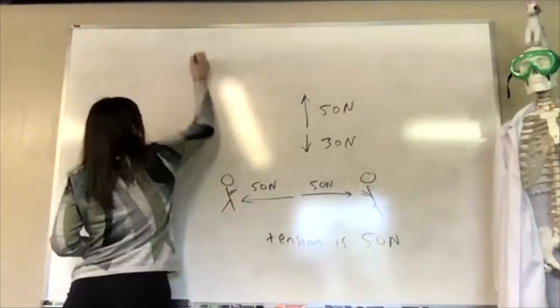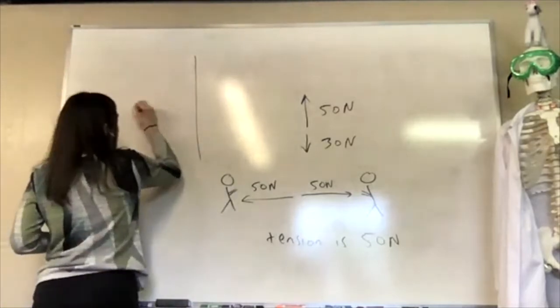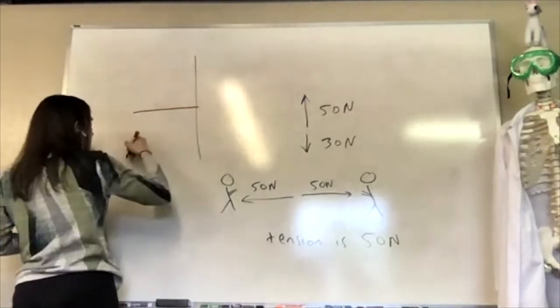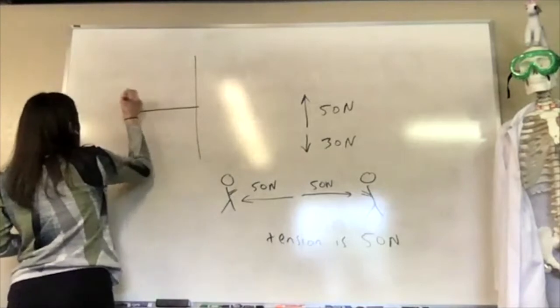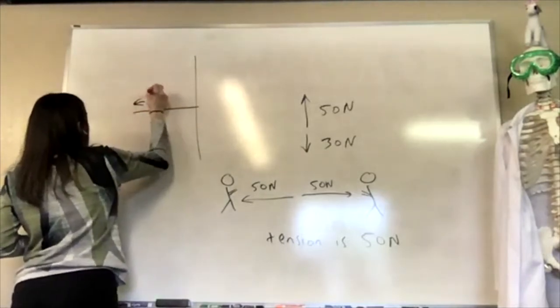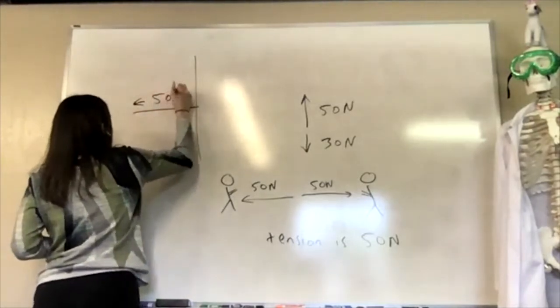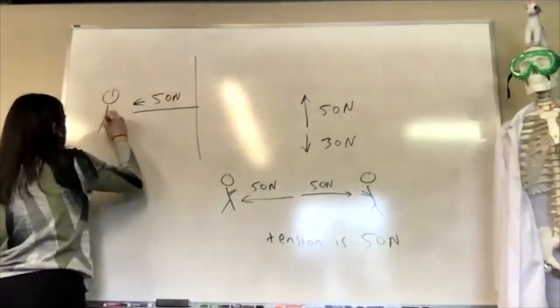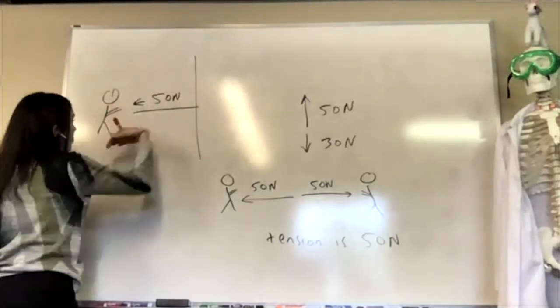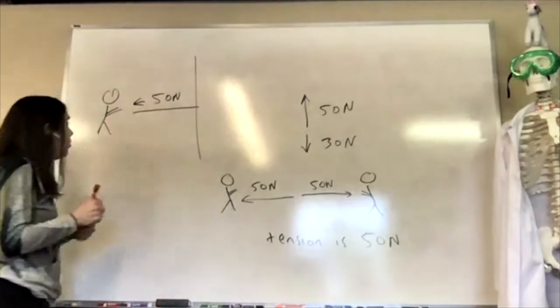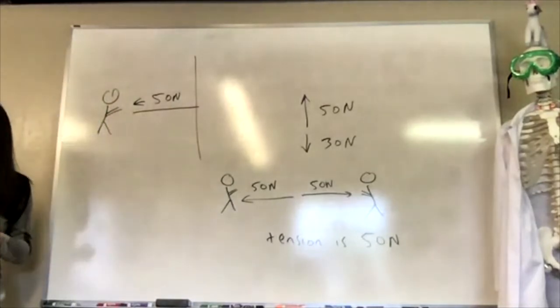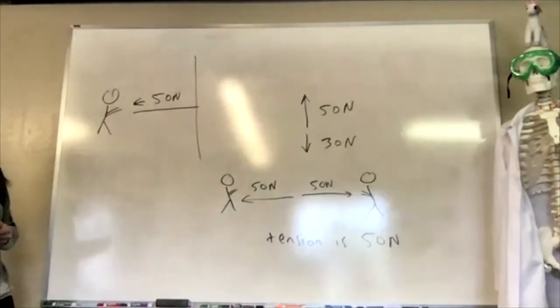So it's the same as if you were to just have a rope attached to a wall. So let's just say that you're pulling the rope backward with a force of 50 newtons. But there's no person on the other side pulling the rope. What is the tension in the rope? Well, it's also 50 newtons.